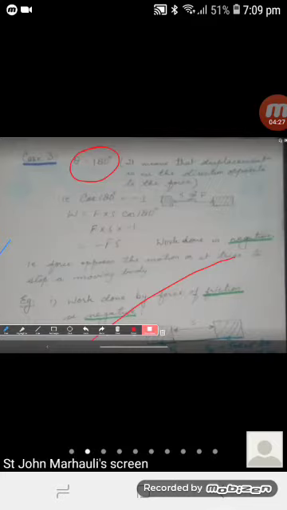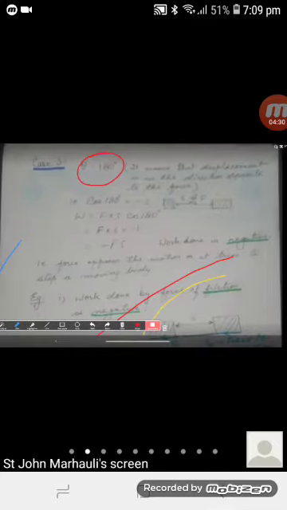It simply means that the displacement is opposite to the force.